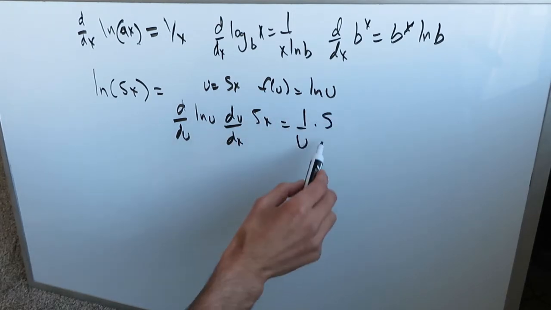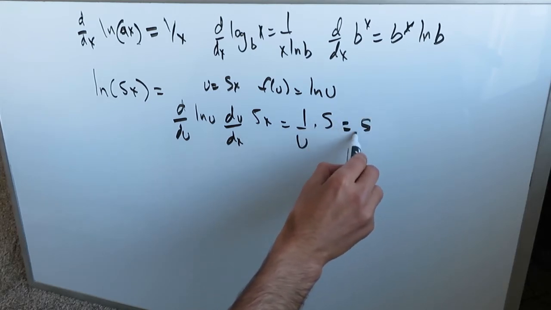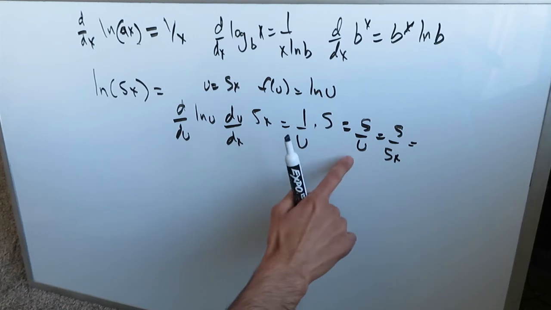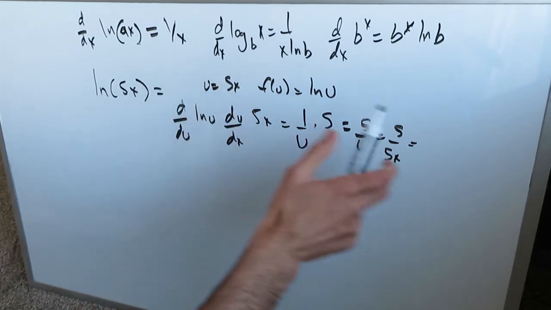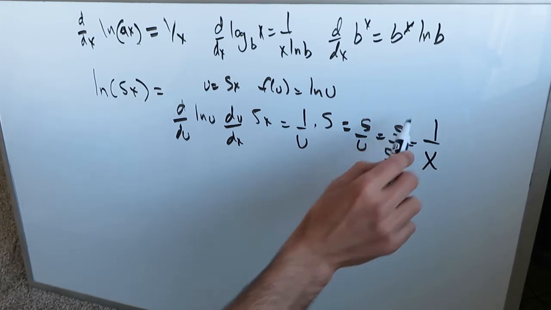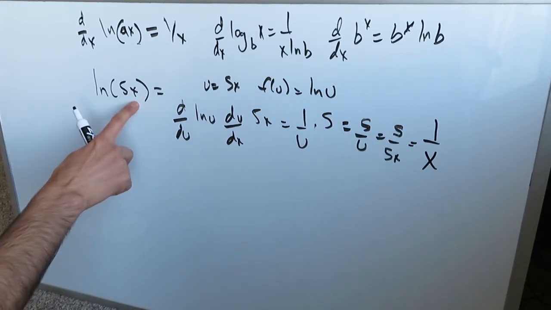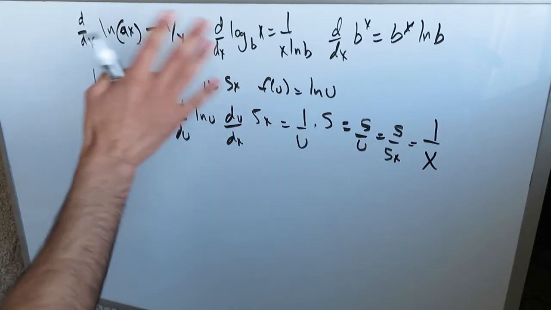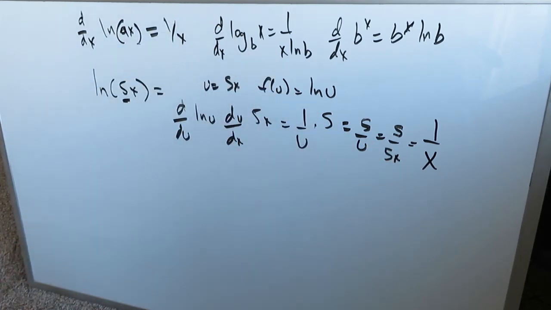The derivative of 5x is 5. And then you get 5 over u, and you get 5 over 5x when you resubstitute back the u value, which is 5x, and you'd get 1 over x. So that right over here is done. So anything which looks like this, a very simple case where the a is just a mere coefficient, you can make the coefficient disappear and go directly to 1 over x.